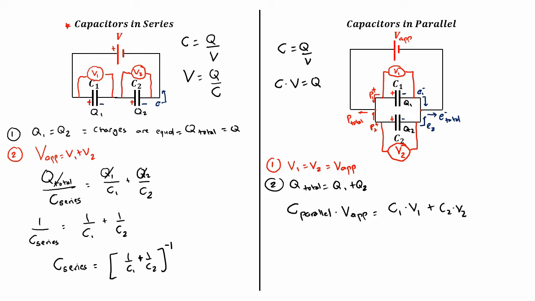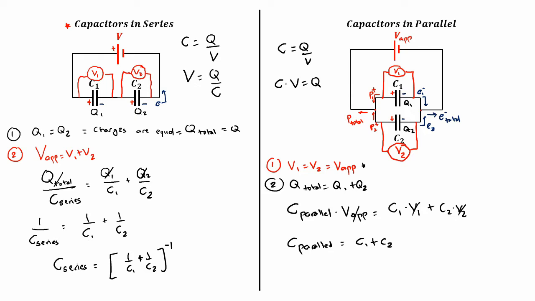And as we see from item number 1 here, these voltages are all the same, so they cancel out and we end up with an equation for the parallel combination, which is C1 plus C2.